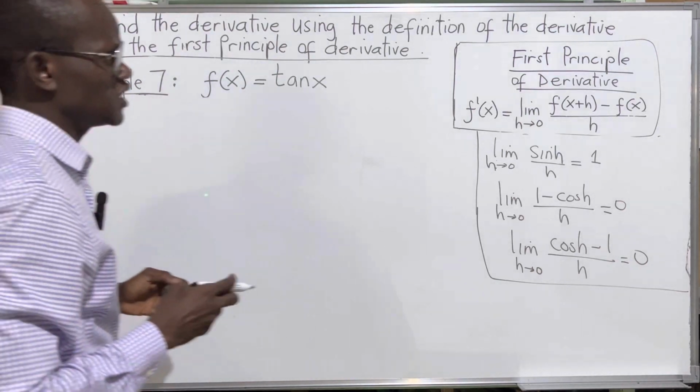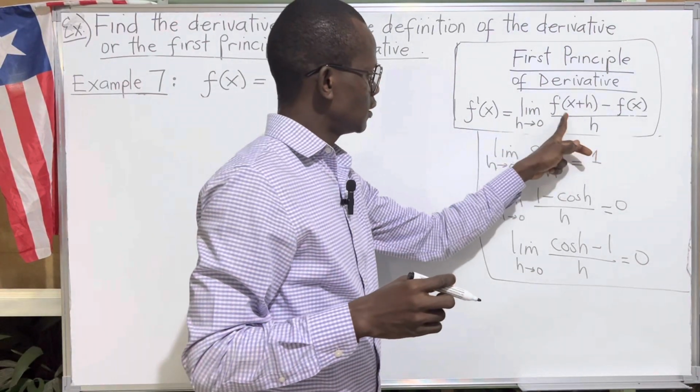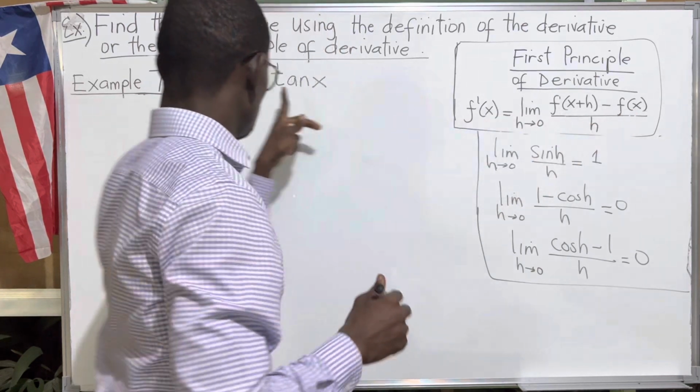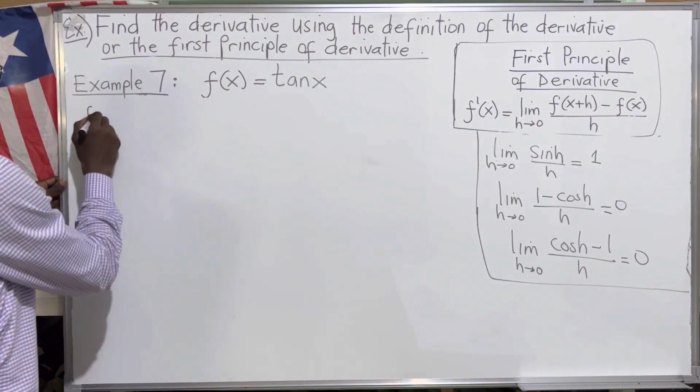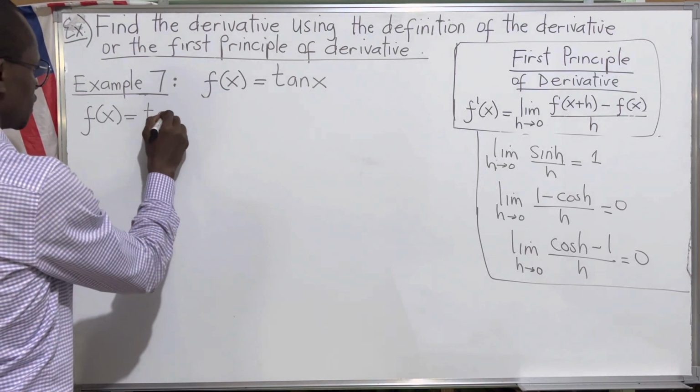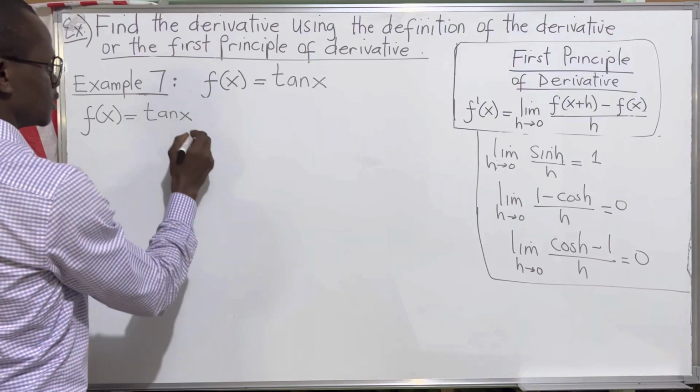We have within the first principle of derivative formula f of x and f of x plus h. Already we know that f of x, according to the problem, is tangent of x.